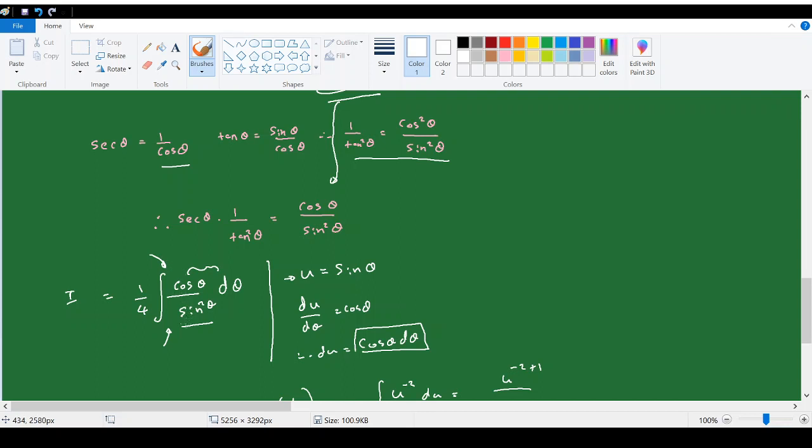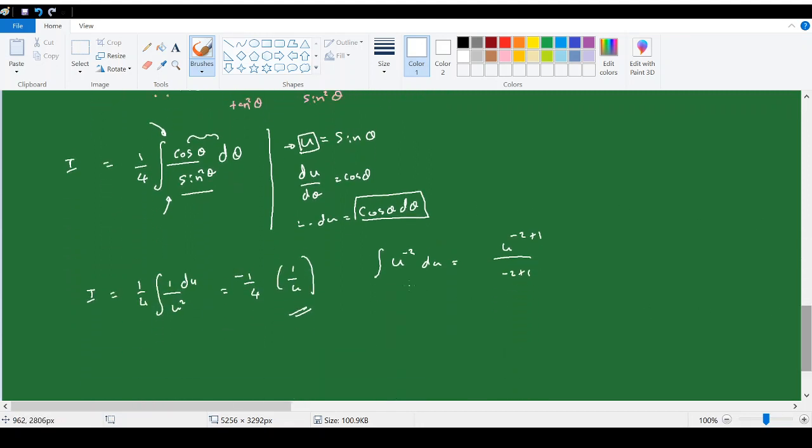And to integrate this one, we once again convert everything into u, right? So we have the answer for the given original integral, which is in terms of x, and we have the answer in terms of u.